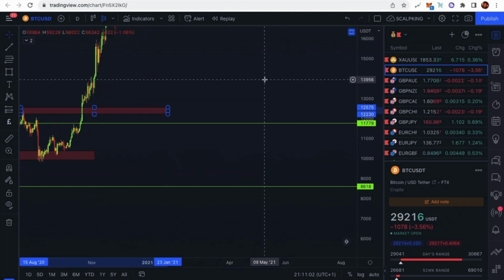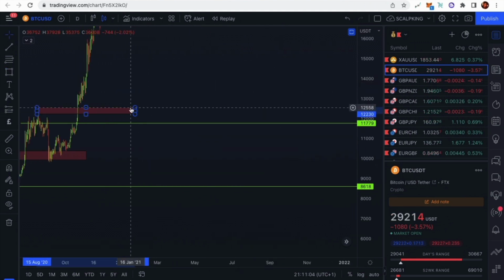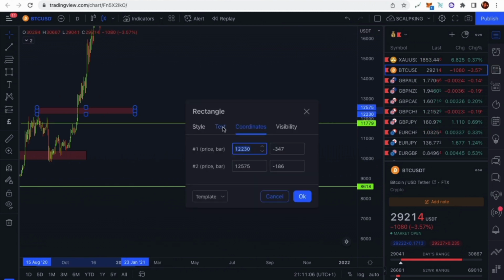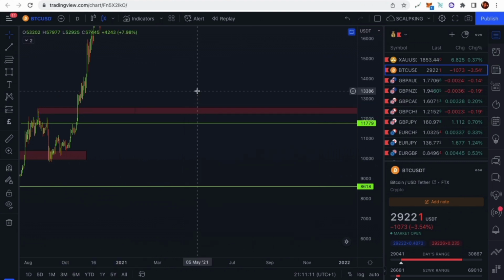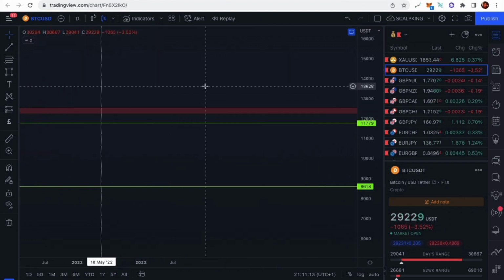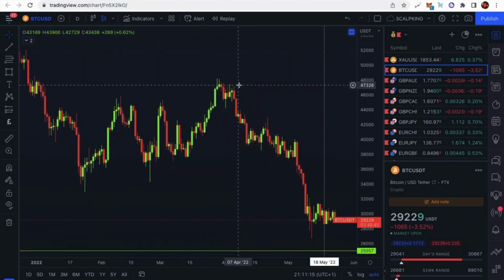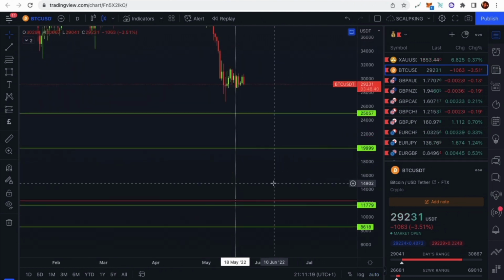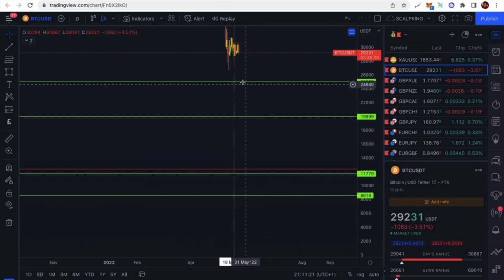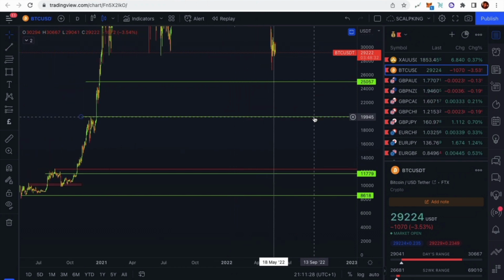This will probably be a nice place to buy, like a good long-term buy for BTC. Okay, not saying that it can't drop below that, but that is a strong area where structure was broken. So it means that there would have been a structure created here to get a nice buy. Okay, that's a long way away from here.